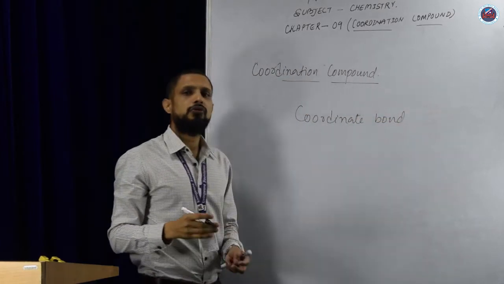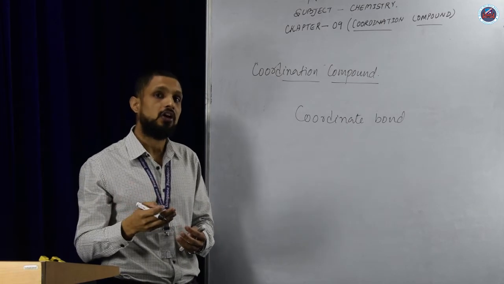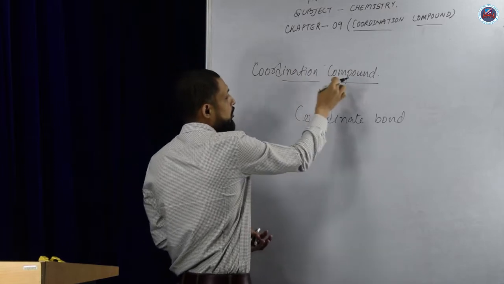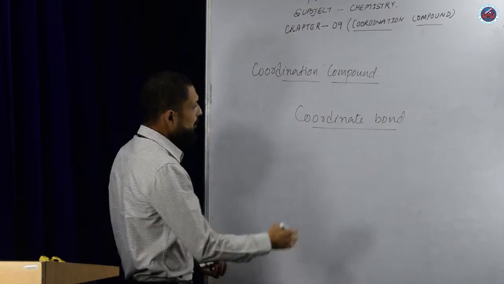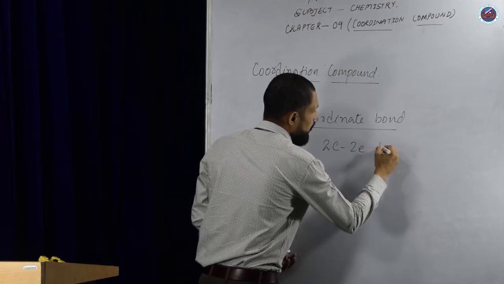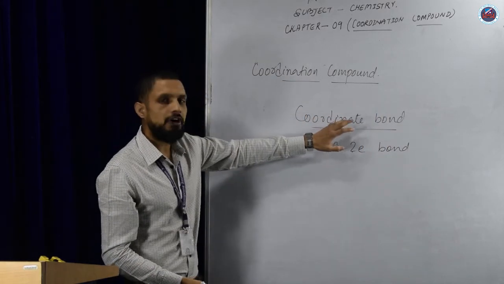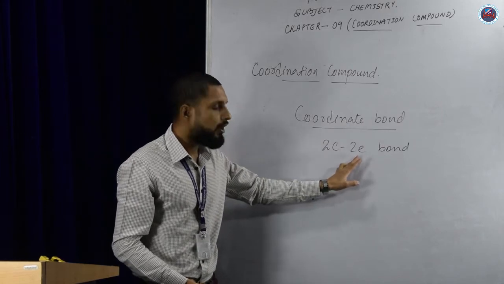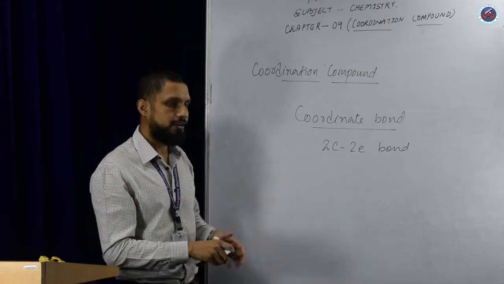Like when you say ionic compound contains ionic bond, covalent compound contains covalent bond, coordination compound contains coordinate bond. Now coordinate bond is a two center, two electron bond. In case of coordinate bond, two electrons are derived from the same atom or ion.